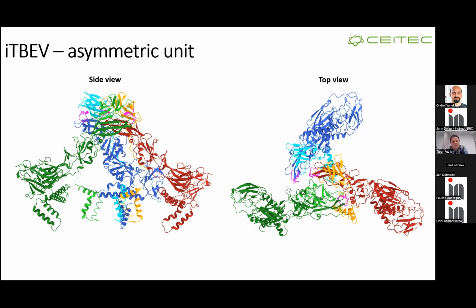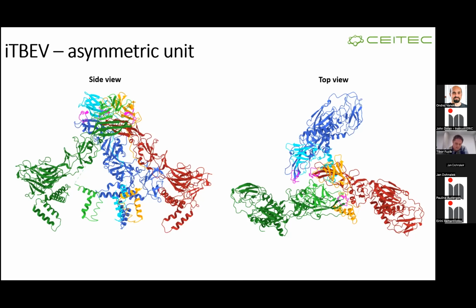This way we have a spiky surface of the immature particles. Furthermore, the PRM is connected to the M protein. However, we don't see the full link of this connection. And after the cleavage with the furin, which was in this case prevented, then at the neutral pH, this PRM part is falling off and the E protein forms the mature particles.